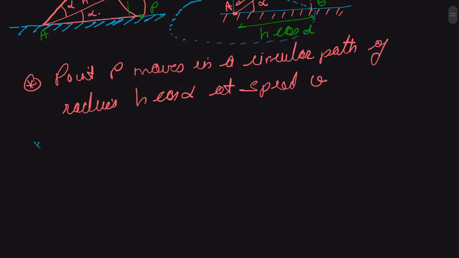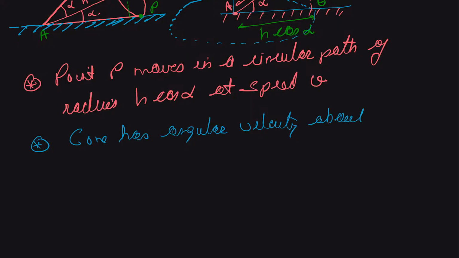Therefore we can write that the cone has an angular speed about the vertical, and that is our omega, which will be equal to v divided by h cos alpha, which is also called the precession speed.